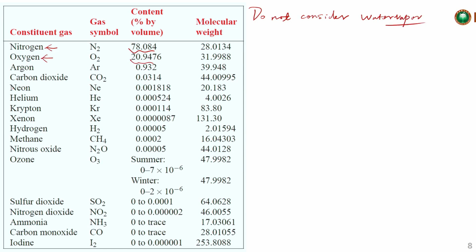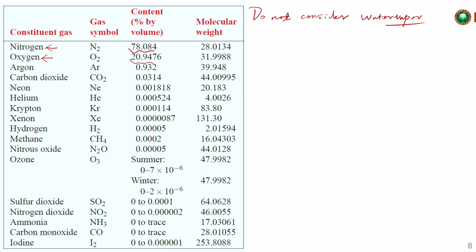Because the water vapor varies at different times of the day, for different reasons, and also at different locations, it is complicated and depends on our estimate and the local measurement.